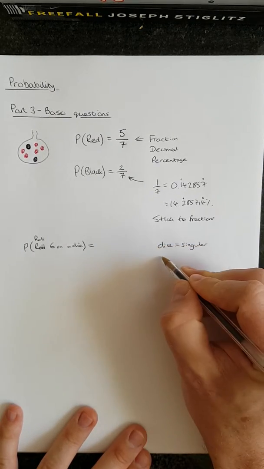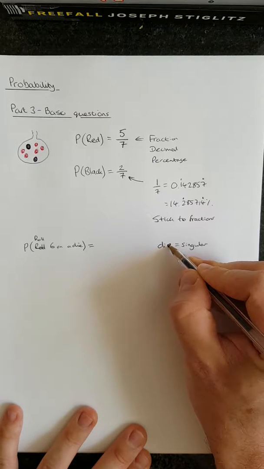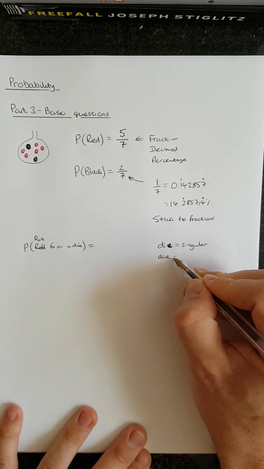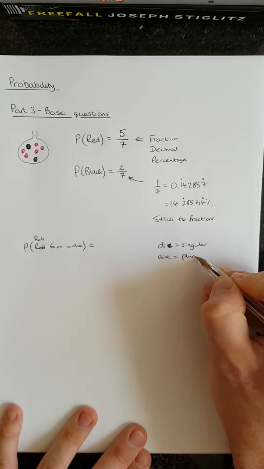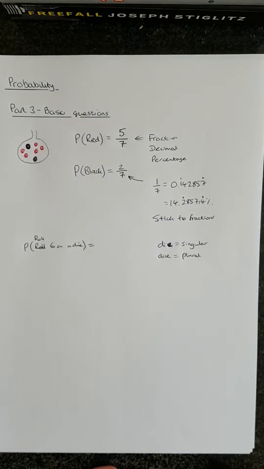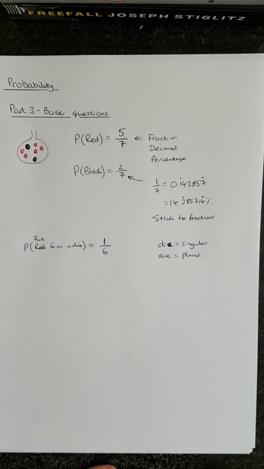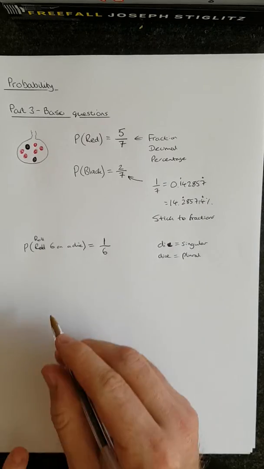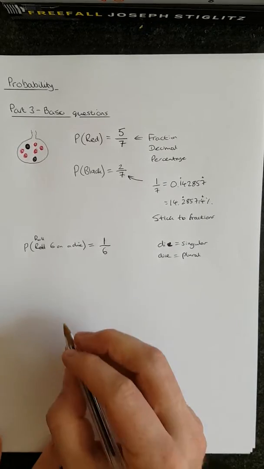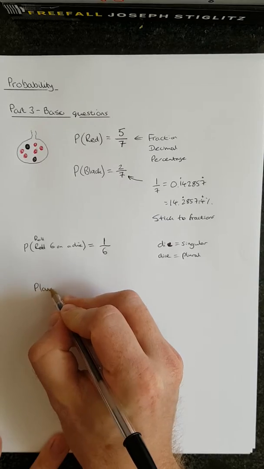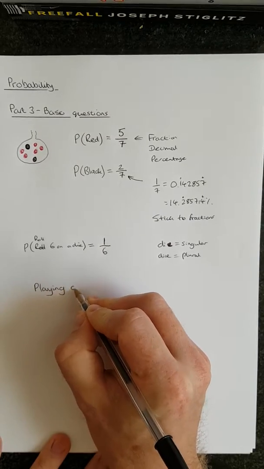It's perfectly okay to say dice for singular because people will understand you, but it's not actually correct. So that's 1/6. Other things you're going to come across when you tackle these situations are things like playing cards.